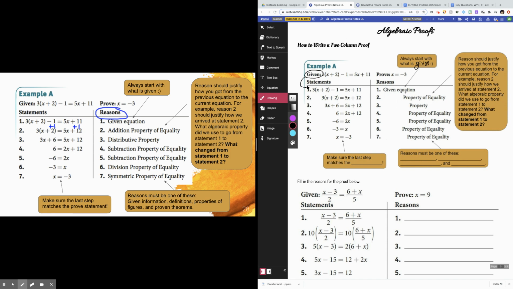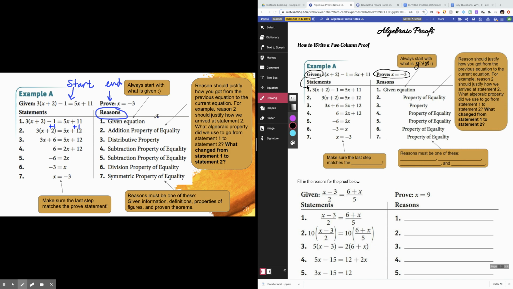When you are writing a proof, they'll also give you what's called a prove statement, which is your ending point. So here you have your given, this is your starting point, and then you have your prove, which is your ending point.